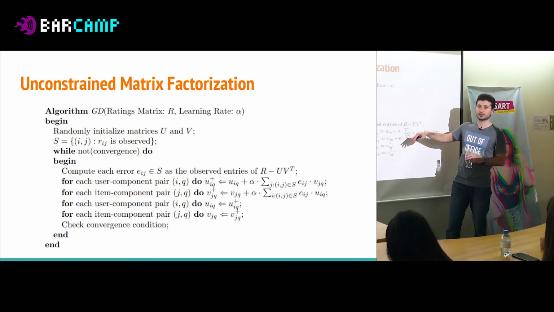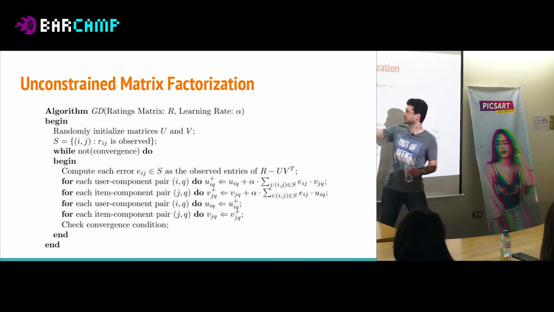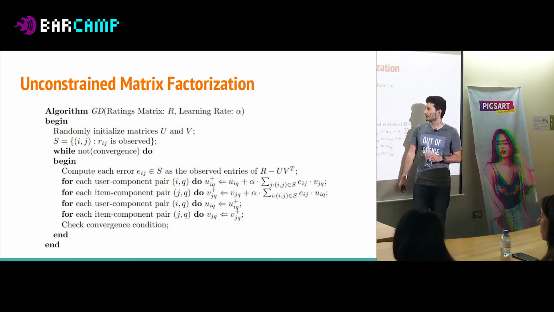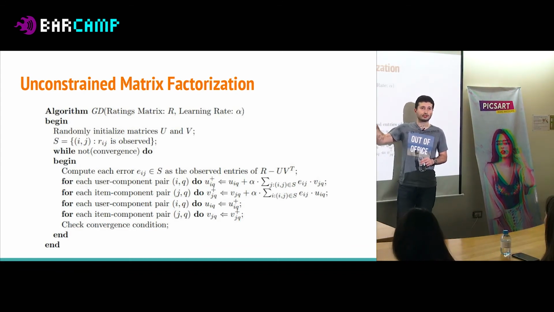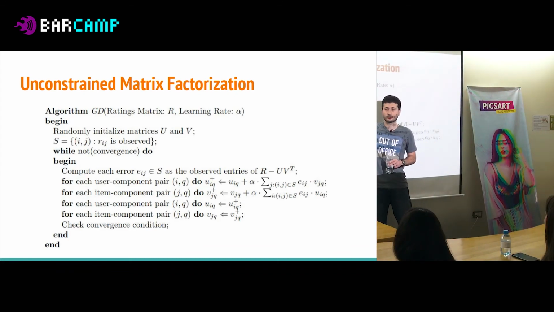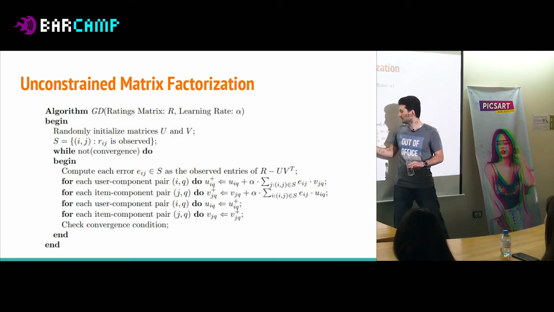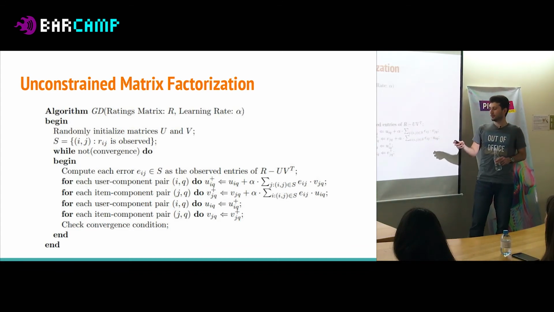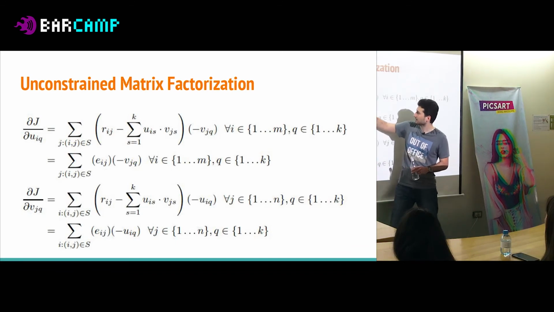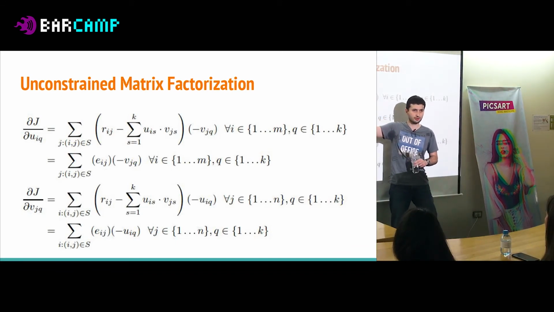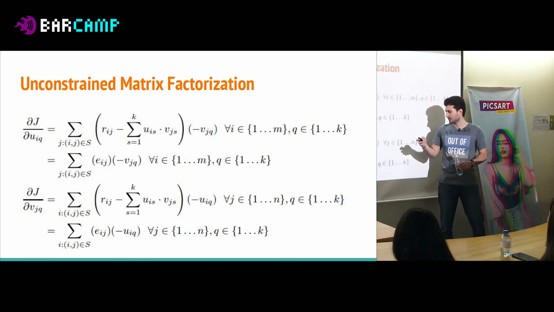We will go very quickly through this. So what is happening here? We randomly initialize, as I said, matrices U and V. We make sure we are taking into consideration only the observed entries. Then we calculate the loss in this form for every entry, not the squared form, because as you remember, after differentiation the power of 2 just cancels out.